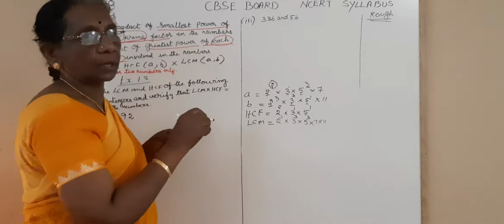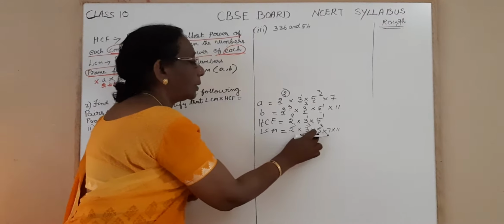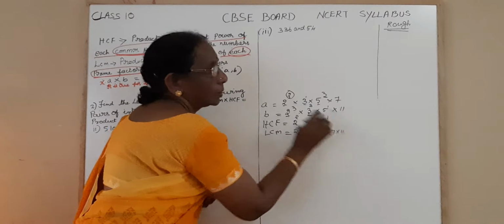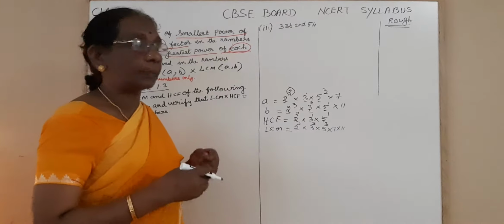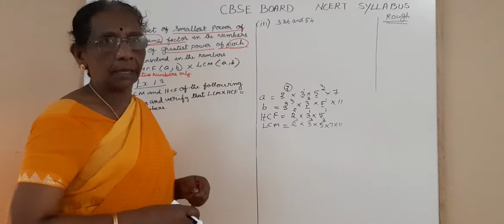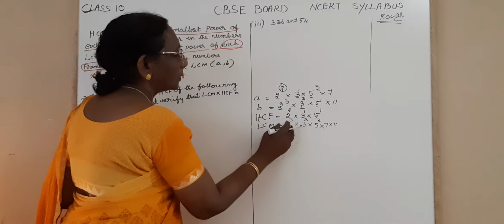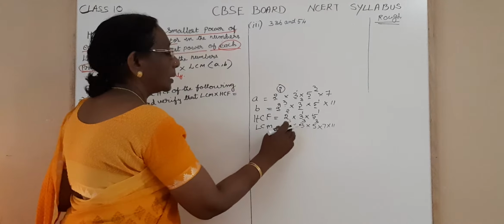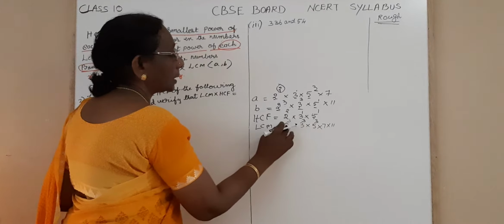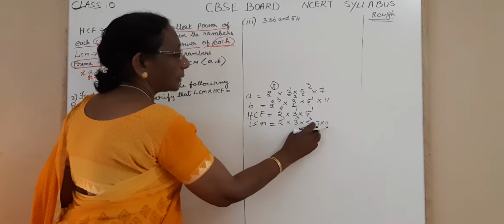The LCM is a product of greatest powers of each prime factor of the numbers, prime factors involved in the numbers. So what are the prime factors with greatest power? 2 cube, 3 cube, 5 cube, and 7 and 11.